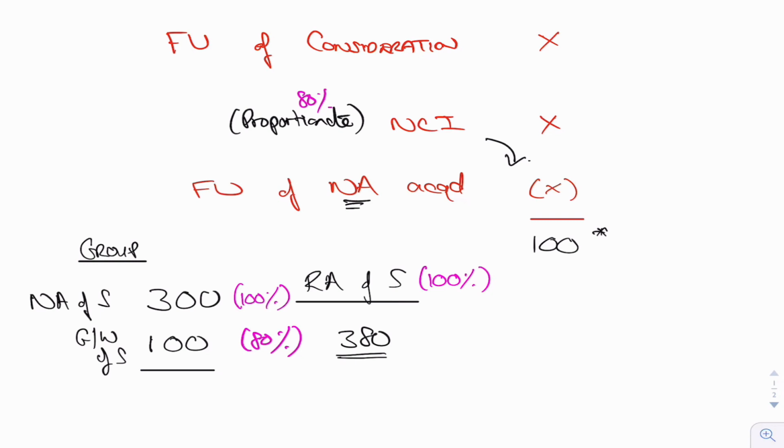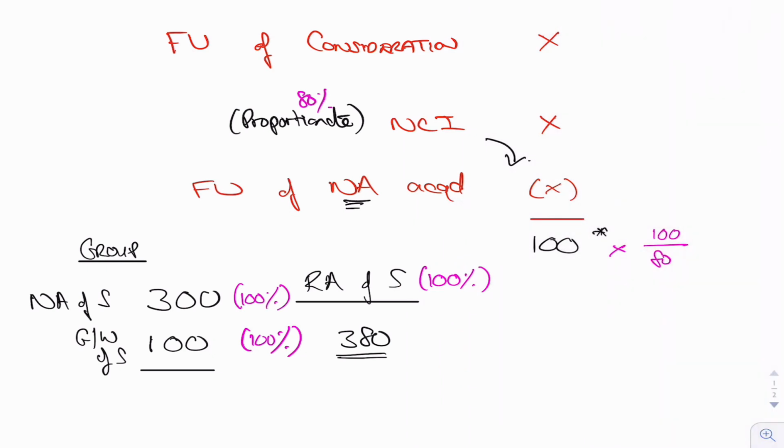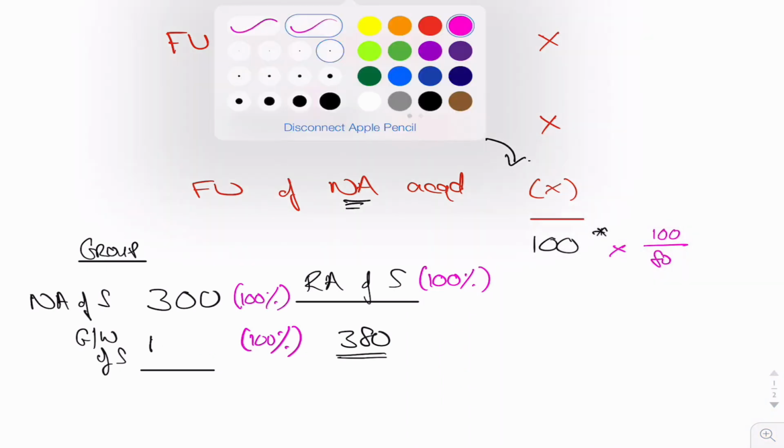So what I've got to do is gross up this goodwill to make it 100% to begin with. So I'm going to times it by 100 over 80, because it was worth 80%. So let's do that. 100 times 100 divided by 80 comes to 125. So now I put 125 in here.